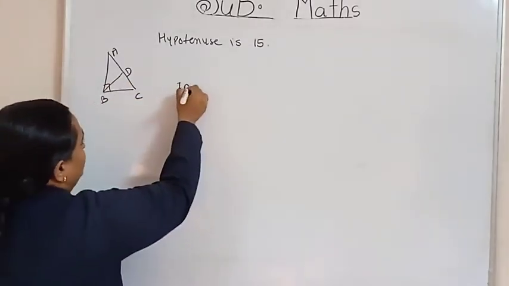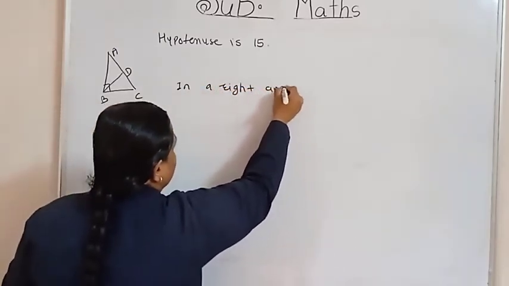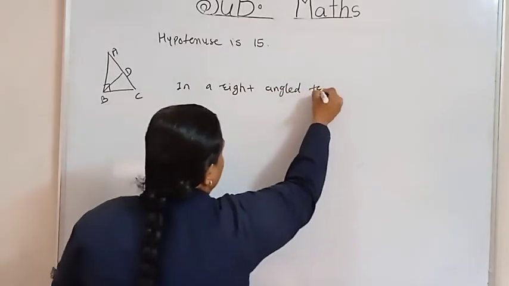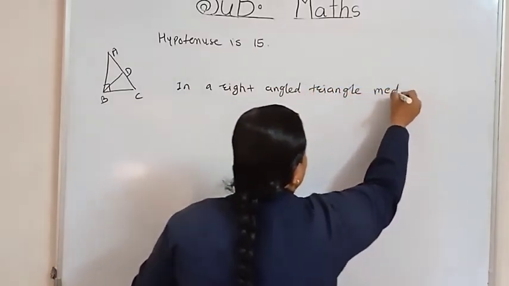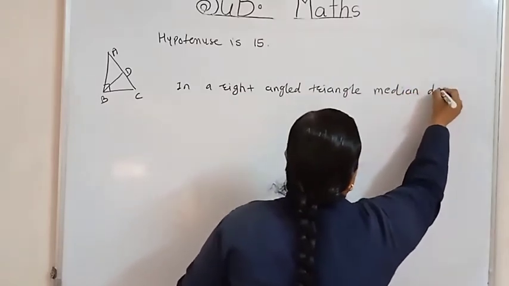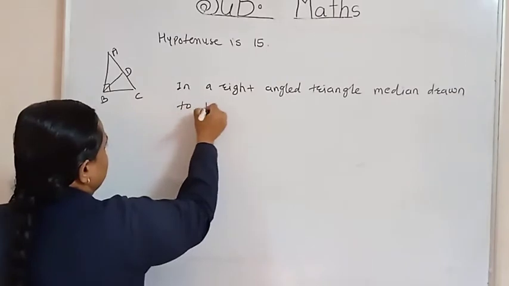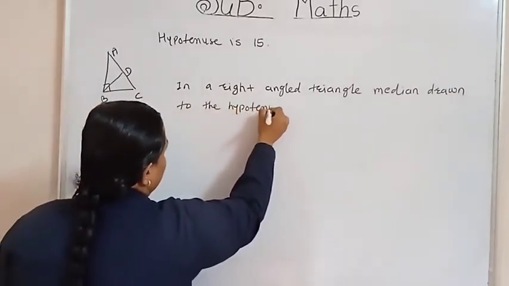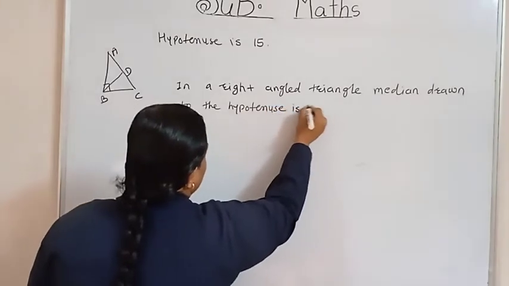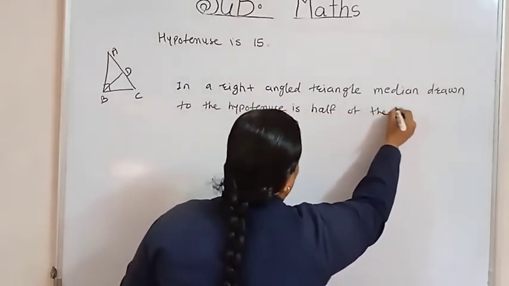In a right angle triangle, median drawn to the hypotenuse is half of the hypotenuse.